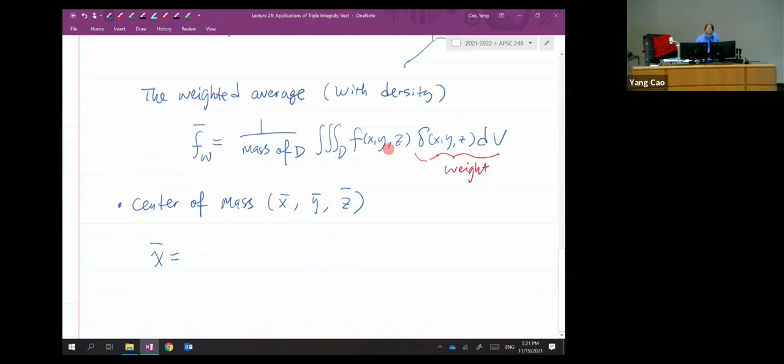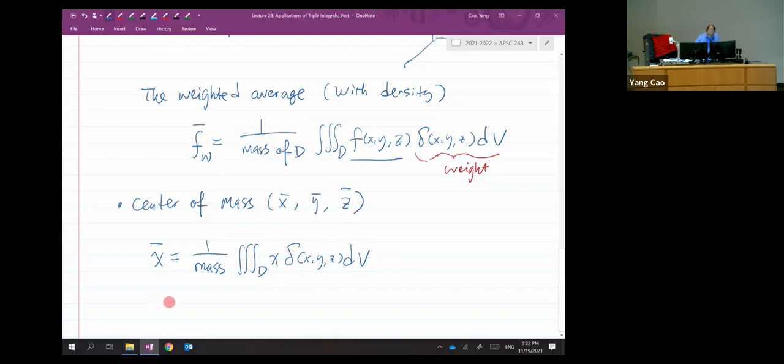You make use of the weighted average formula, and all you need to do is change this function f to x. Then you get the x component of the center of mass. Similarly, you can get the y and z components.